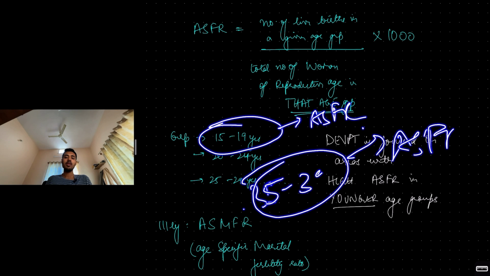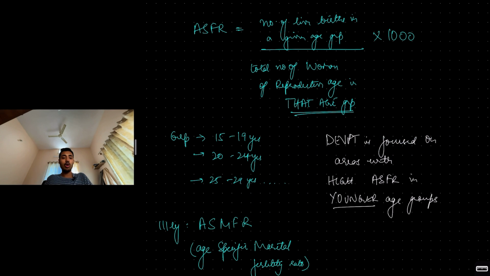Now, which area will you focus more on development? Where I want to build schools, colleges, stuff like that, roads. Obviously, the place where younger age group has high age-specific fertility rate because they will still continue giving birth in the next 10 years. Understood? So that is why high ASFR in younger age groups, that is where development is focused on.